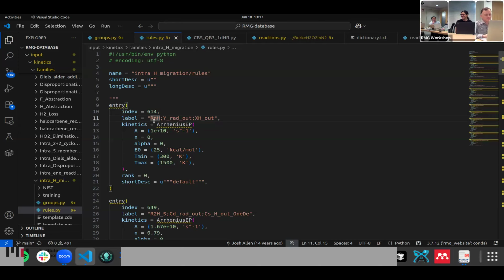My understanding here is that you're descending on the trees, in the hope that at some point you'll encounter cases where there are existing high level measurements, and then from which you can go back up and estimate the rates. Is that the basic idea here? Yeah, so when you have your reaction, it'll match down to the most specific node as possible in the tree that is isomorphic to your reactants.